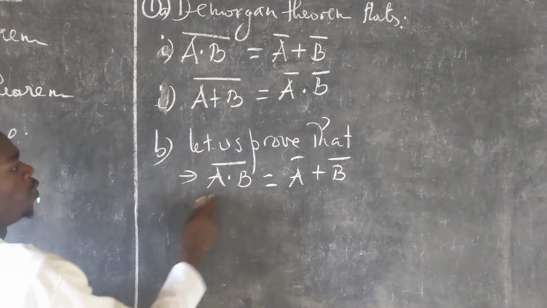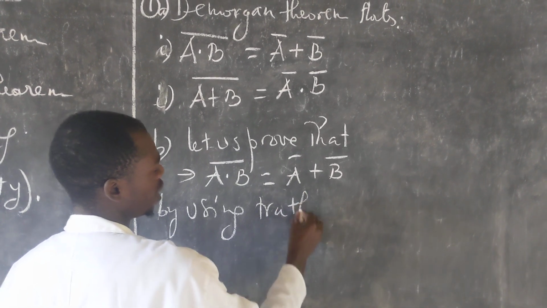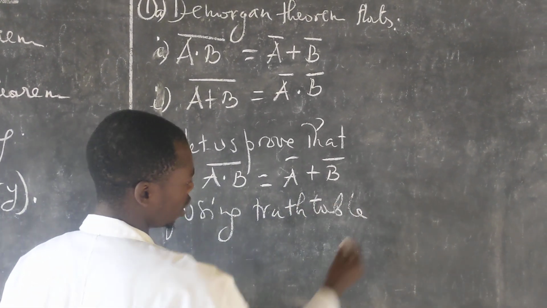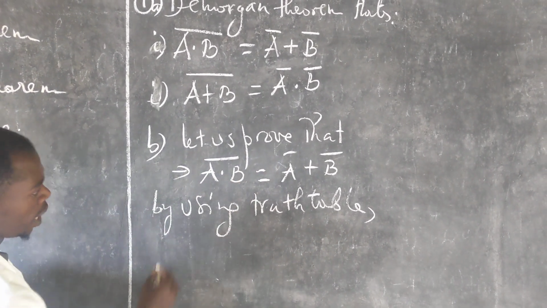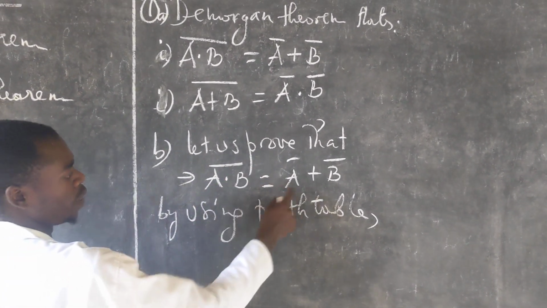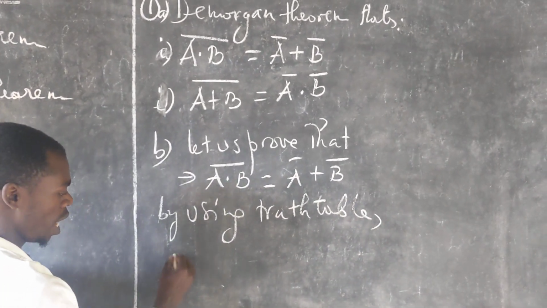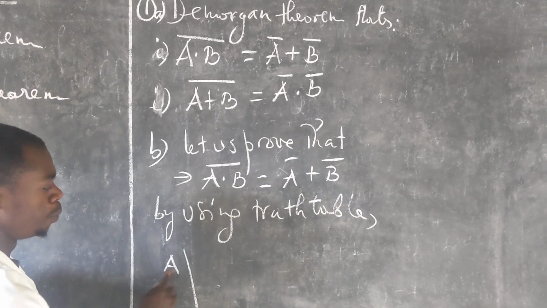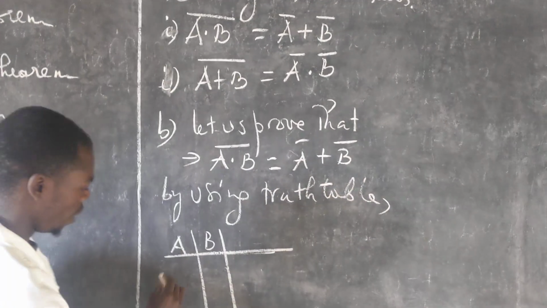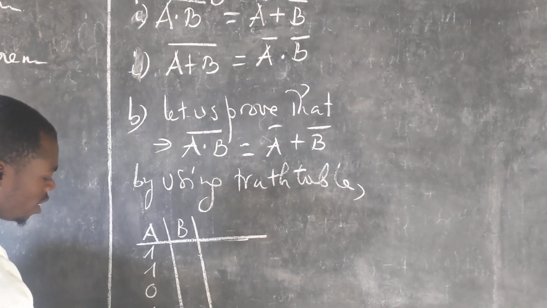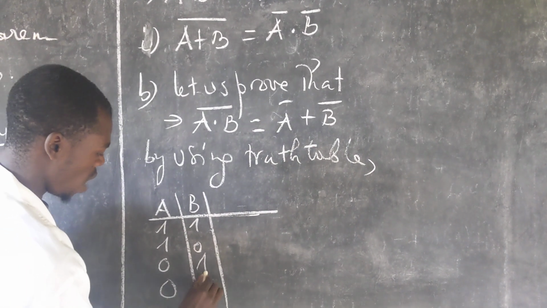So now, how can we prove this? By using a truth table. By using a truth table, we can show that here A and B negation is equivalent to A negation plus B negation. So now what to do? We have A input and B input. So now here we have 1, 1, 0, 0 and we have 1, 0, 1, 0.